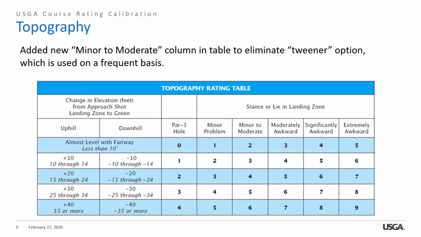There are certain things within the book that are definitely not cut and dry, and this is one of them. But it's our job to try to make it as consistent as possible across the state, so that all of our courses are treated equally. And we'll definitely talk about this in our training sessions that we'll have coming up.